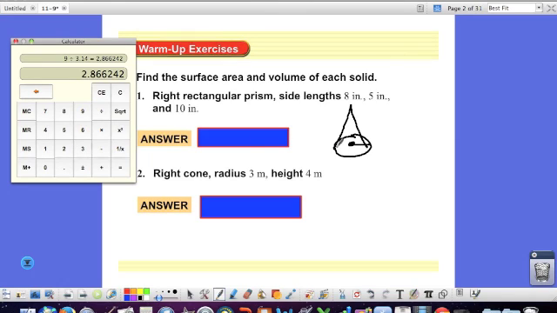The area of the circular bottom is 28.26. I'm going to leave this over here for when I do surface area. And then also the height is 4. That's the volume. Now, surface area of a cone.